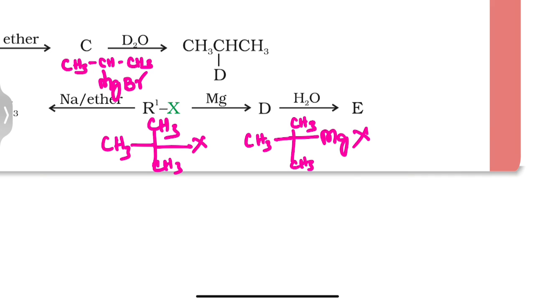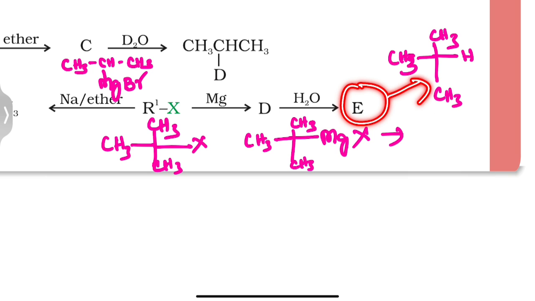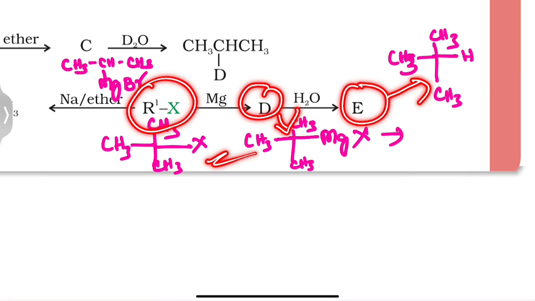And when you treat this with water, it will give CH3 and H. You are removing this MgX and placing hydrogen. So this is E, this is D, and this is R-X.